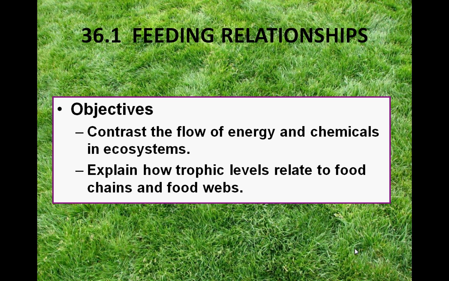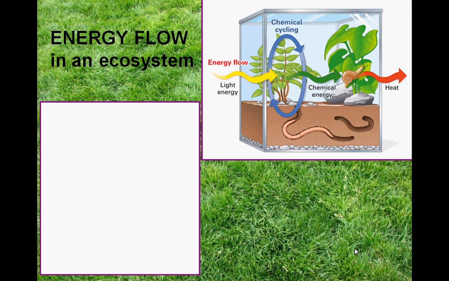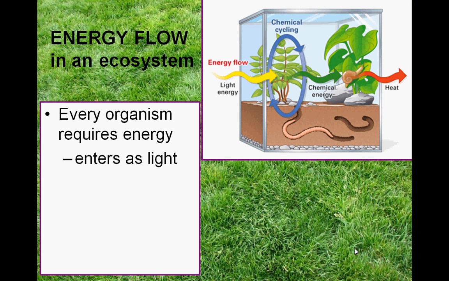So let's start. I'm going to talk about how energy flows and how chemicals flow in ecosystems, and I'm also going to explain what a trophic level is and what that has to do with food chains and food webs. Everything in this presentation is more on the eating side of things, not the chemical side. As you probably know, every organism needs energy, whether that's light from the sun or, for us, food.